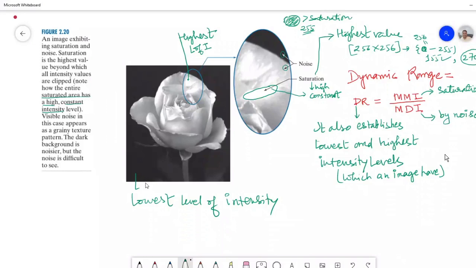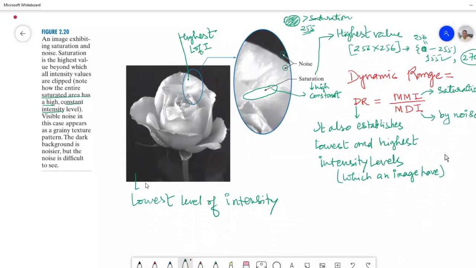Okay, so closely associated with this concept is the image contrast, which we define as the difference in intensity between the highest and the lowest intensity levels in an image. So what is the contrast? It is the difference in intensity between the highest and the lowest intensity levels.